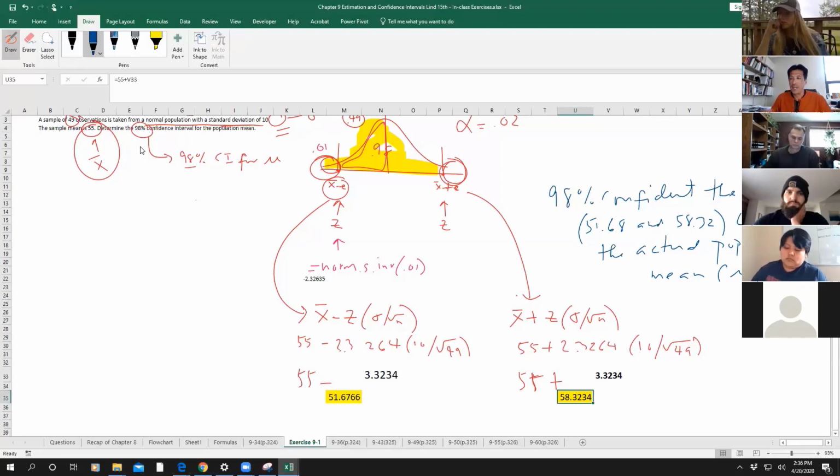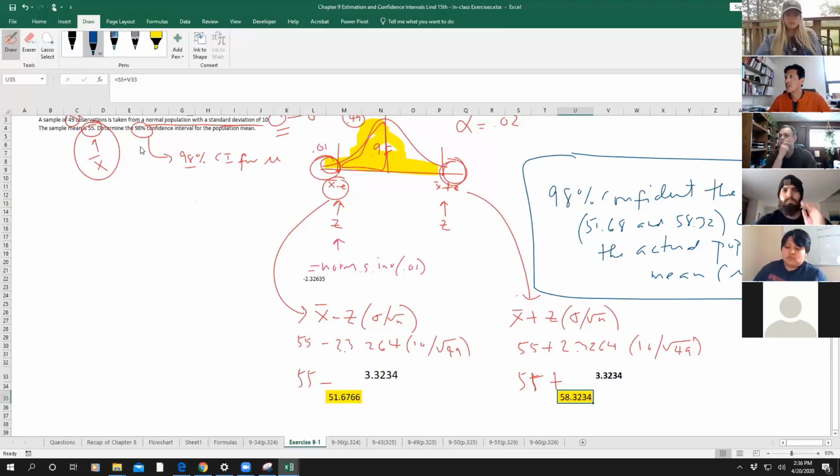Is that clear in terms of the interpretation of the resulting numbers? Are we clear in this manual way of computing the confidence intervals?